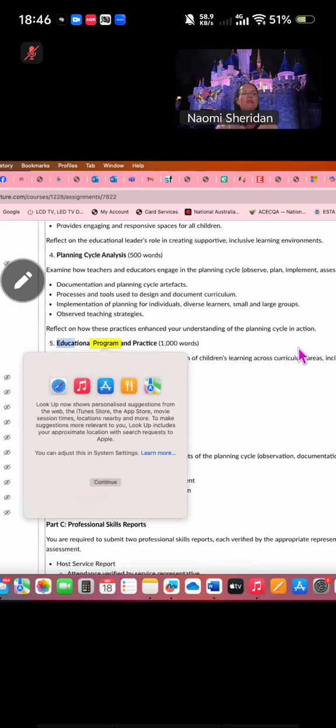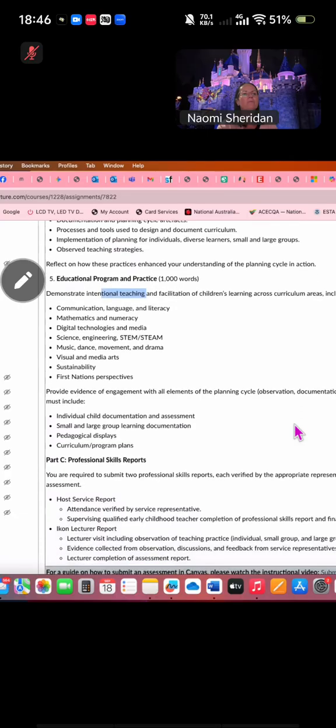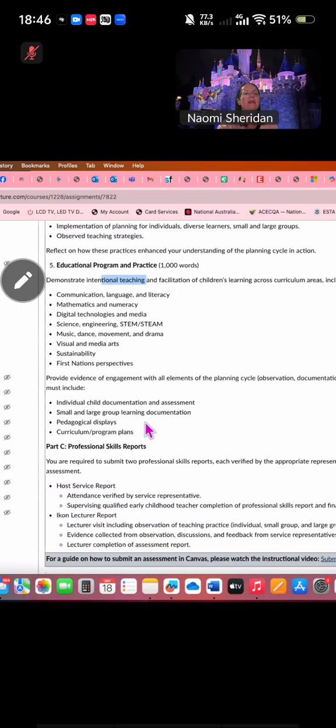Then looking at the educational program and practice, and looking at the curriculum. So checking out the intentional teaching and how they facilitate children's learning in each of the areas of the curriculum. And then looking at evidence, provide some evidence of engagement.